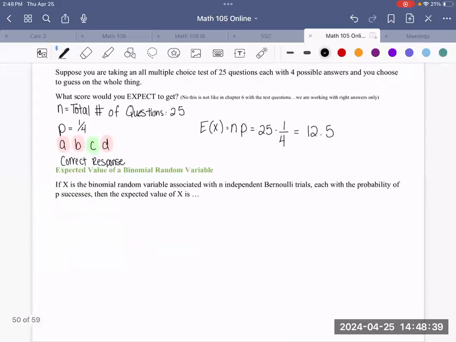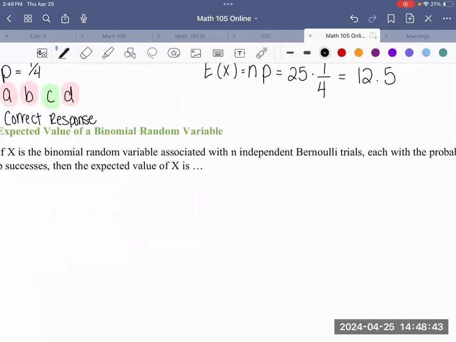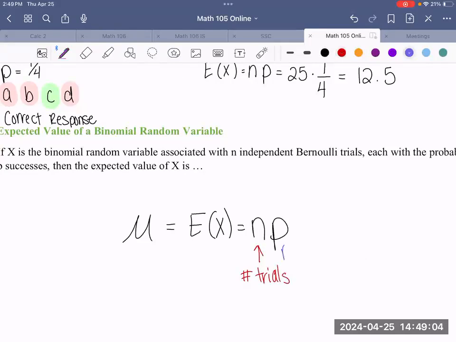So to make more of an equation, we're just going to say for any sort of binomial, where we have 2 outcomes, either it's right or it's wrong, your mean or your expected value is equal to the number of trials times P, which is the probability of success.